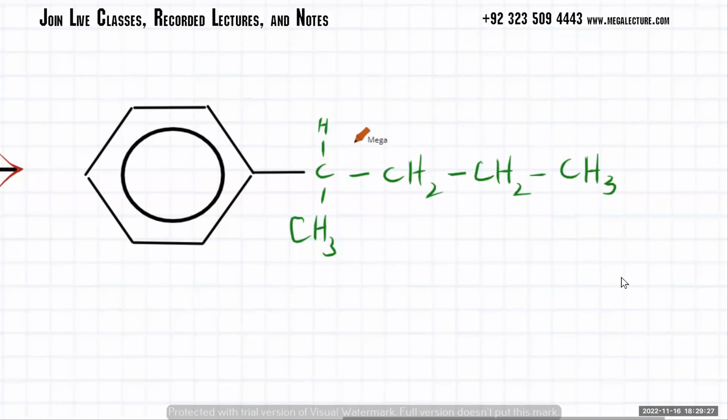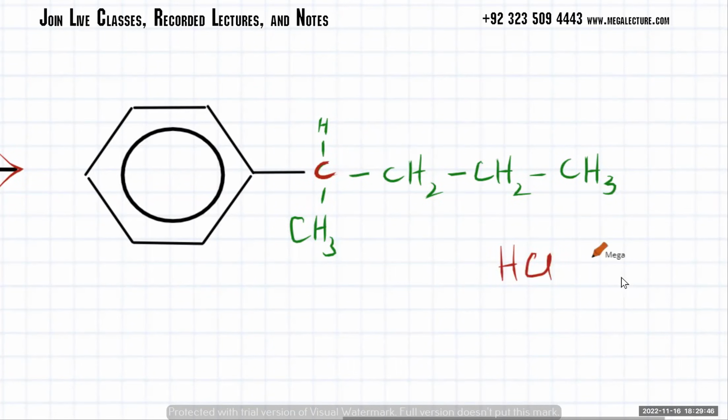And eventually the positive charge will vanish. It was this carbon over here. Where did the Cl go? It ended up forming HCl.